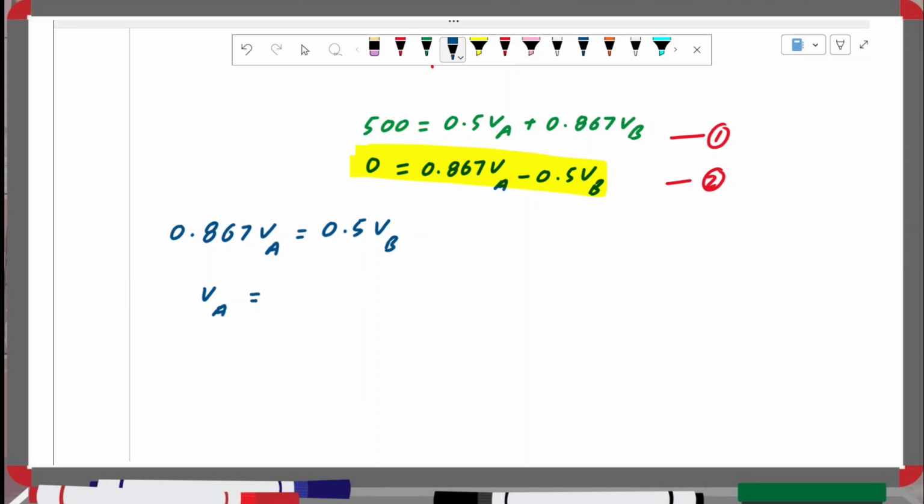So VA would be equal to 0.5 VB divided by 0.867. Now if someone can divide 0.5 by 0.867, 0.576.